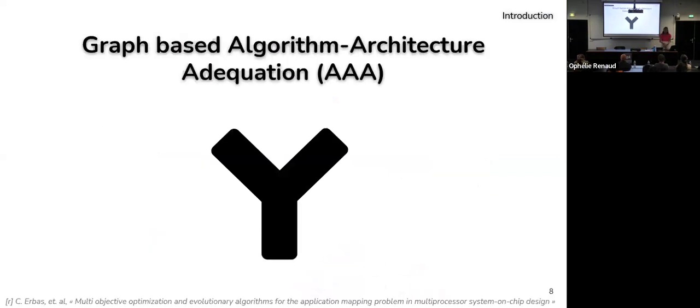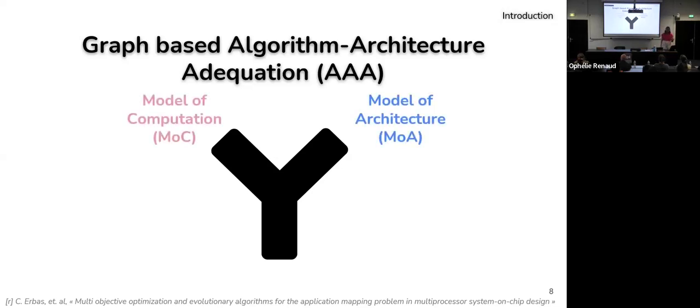To address this gap, we employ a graph-based algorithm architecture adequation method. This approach consists in modeling both the architecture and the application as two graphs, then applying some graph transformations in order to align these graphs. This is called adéquation in French, which means matching in English. And the result is an optimized parallel code.